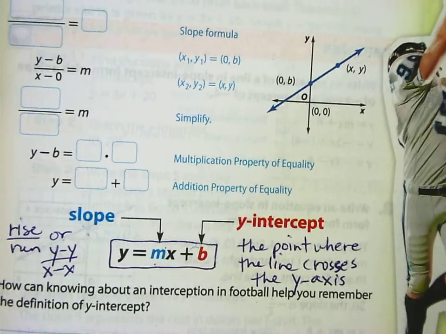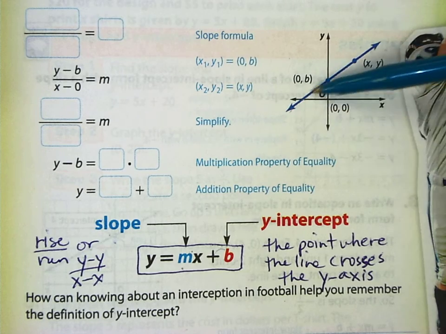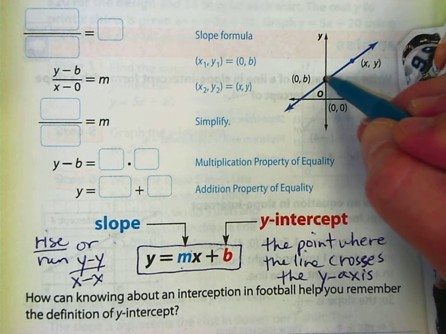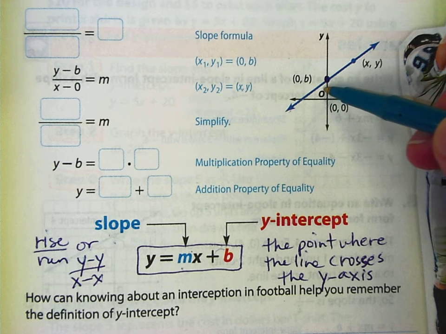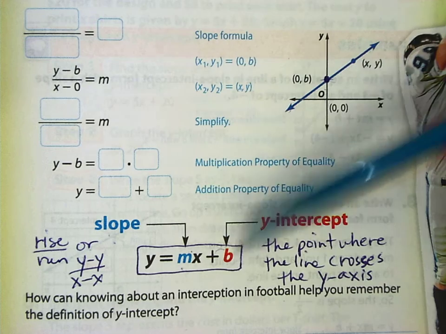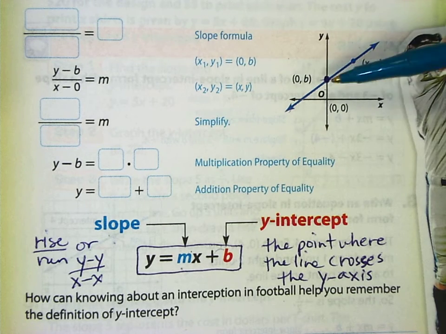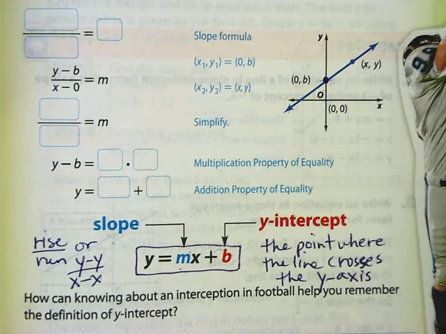So if you take a look at this graph right here above, see this line is crossing the y-axis at this point right there. So whatever that number is, it looks like around 2, you would put 2 in place of the b right there. So wherever your line crosses the y-axis, that is your y-intercept.